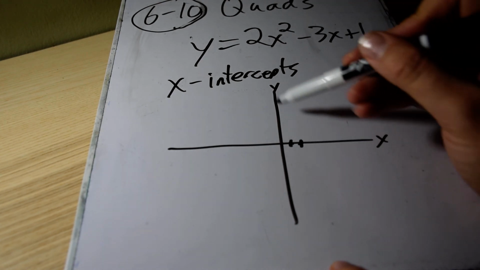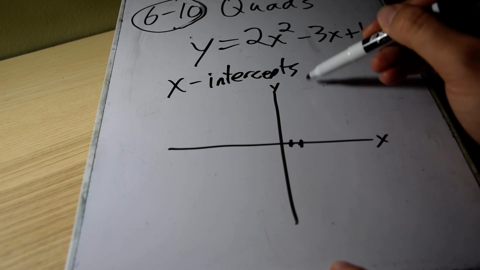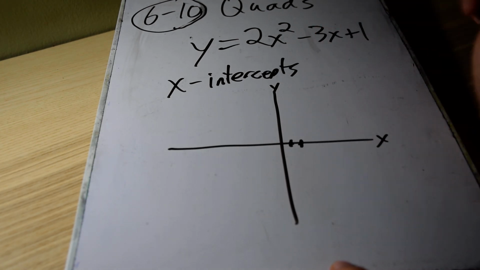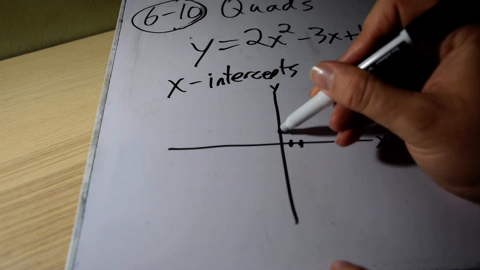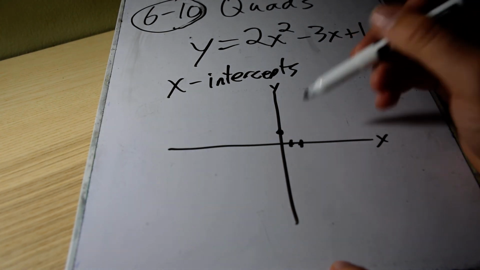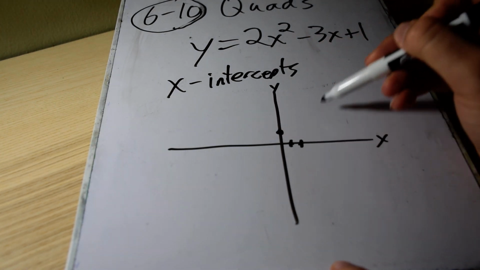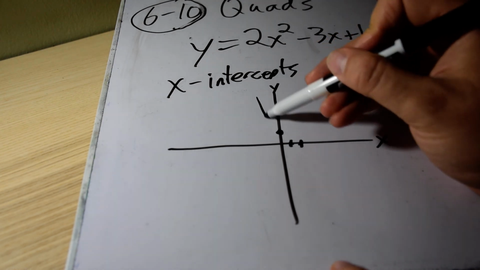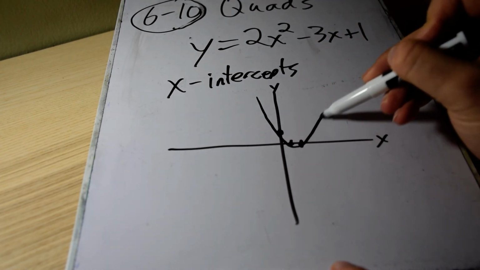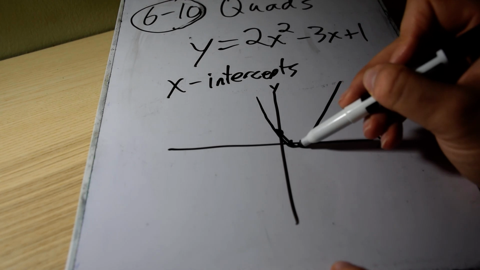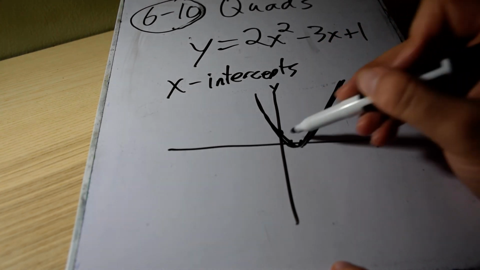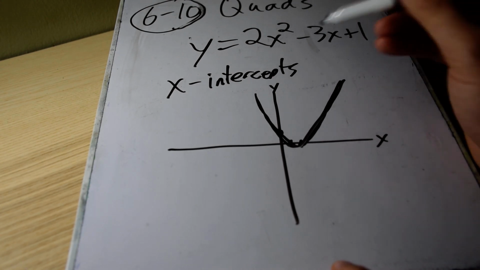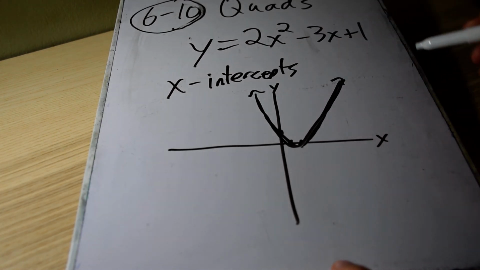And because it goes up, we know that it's going to look something like this. But where's this y-intercept that we saw? Well, it went through plus 1 here. So if I'm thinking this is a U shape, what's the only thing that fits in here? Well, it's got to be something like that. It's got to go through all of those points and just dips below the line, comes back up, and goes up. And we throw some arrows on that.